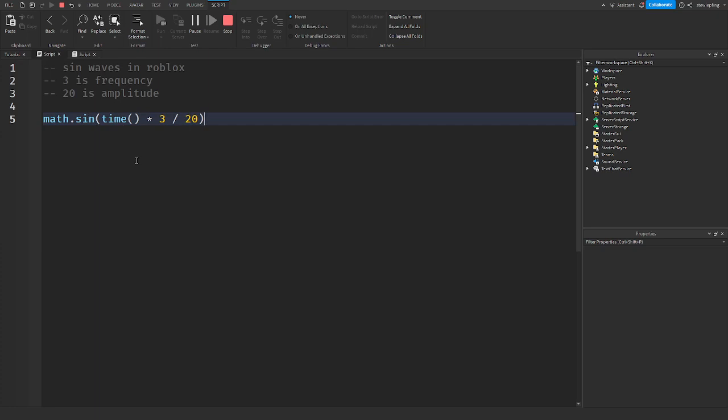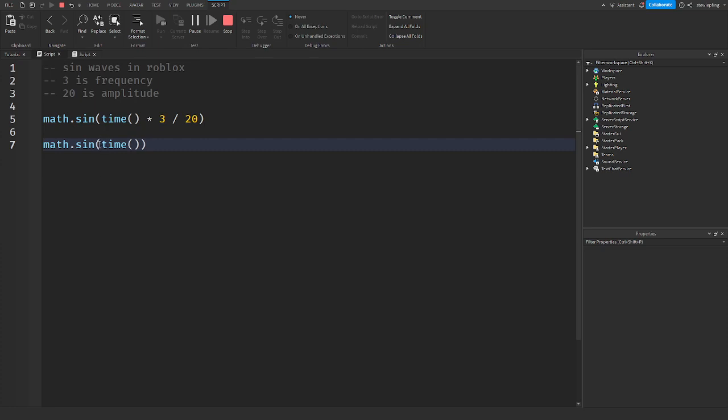So we're going to break this down even more. Math.sin, and then time. What is time? It returns the amount of time in seconds that have passed since the current game started running.